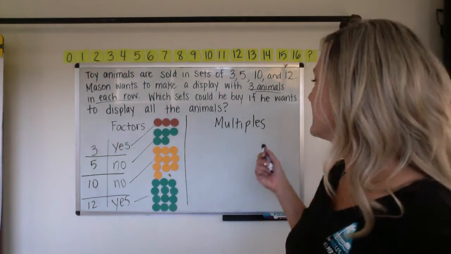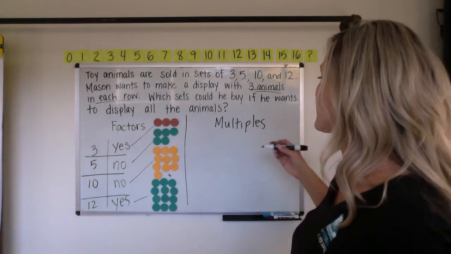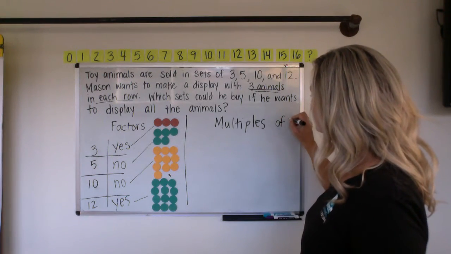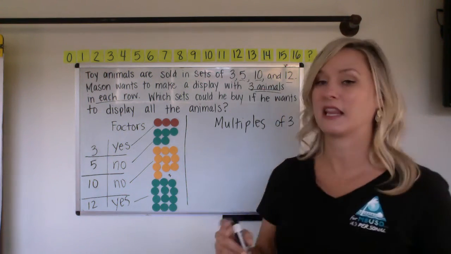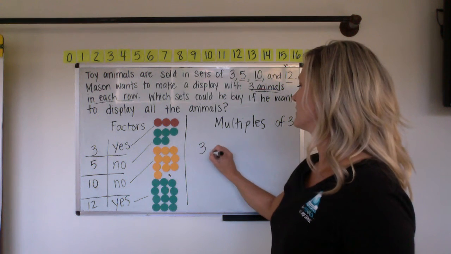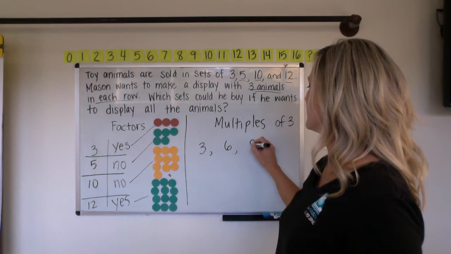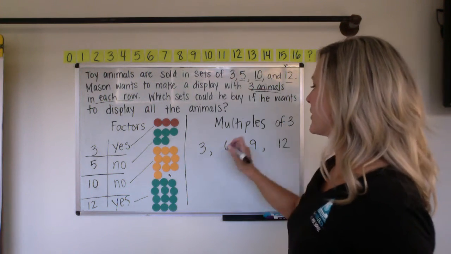So you could have also checked to see if each of these numbers were a multiple of 3 by counting by 3. If it shows up on the list, then it's a multiple of 3. So here we go. We're going to count by threes. 3, 6, 9, 12. 3 showed up.